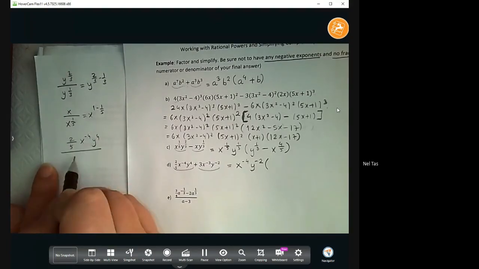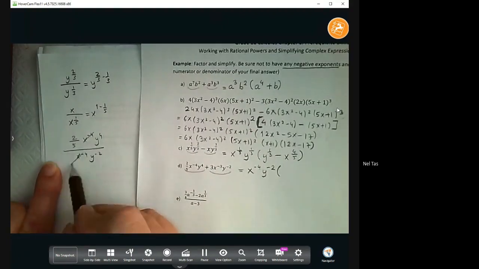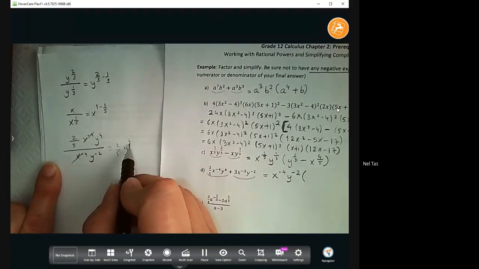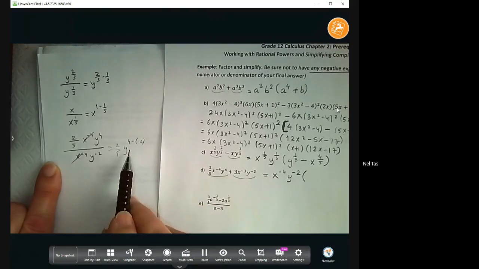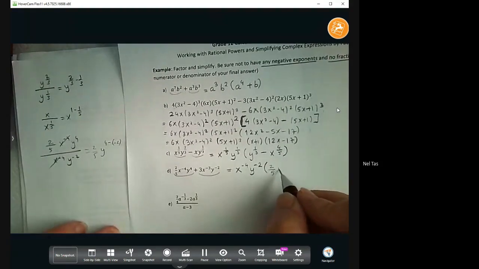Okay, so these two are gone. So 2 over 5 y to the power of 4 minus, you subtract the powers, negative 2. So that will give you y to the power of 6. So 2 over 5 y to the power of 6.